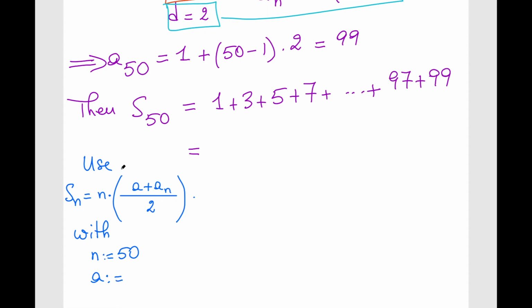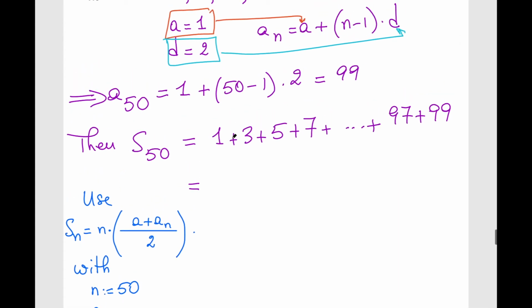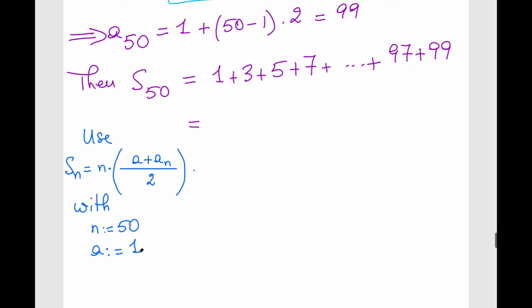A is the first term, and I know what the first term is, 1, right? It's the first term in that sum, 1, and an is going to be the 50th term in this arithmetic sequence, which is 99. Correct? So that's my package here. And that's what I'm going to be needing.